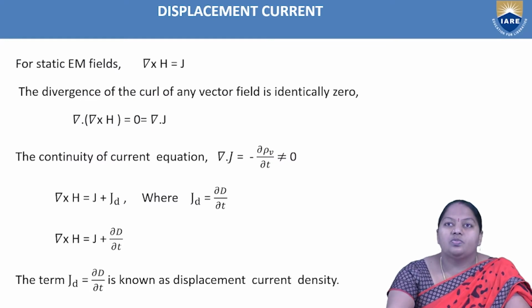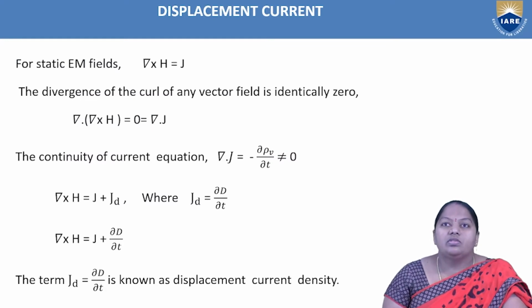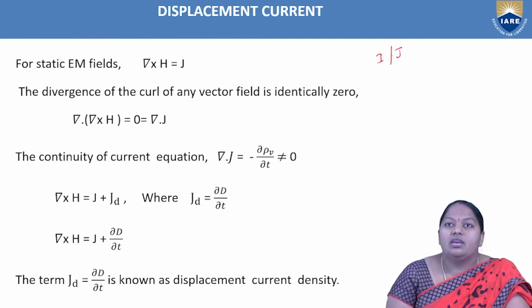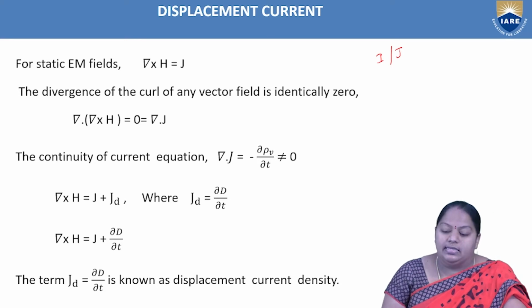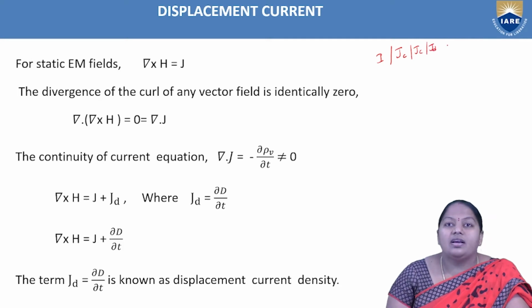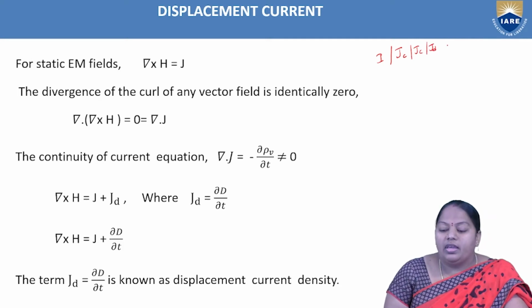Generally, we use the notation I for current, and for current density we represent it with J. There are three current densities according to the different variations in the currents.